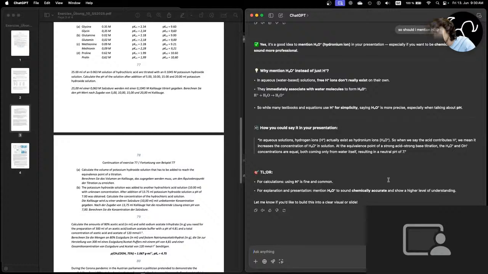H2O gives, in an aqueous solution, hydronium.